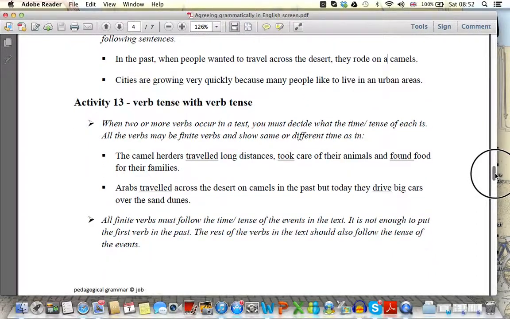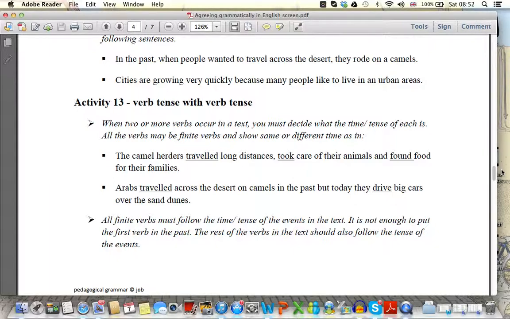Right, now another example we have is verb tense agreeing with verb tense. Sometimes in Arabic, when we are talking about events that happened in the past, you will find that the first verb is in the past, al-madi, and then the other verbs may be in al-mudari.